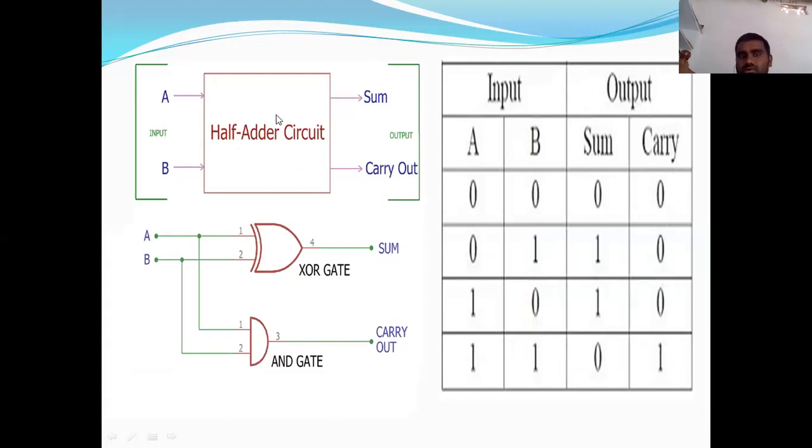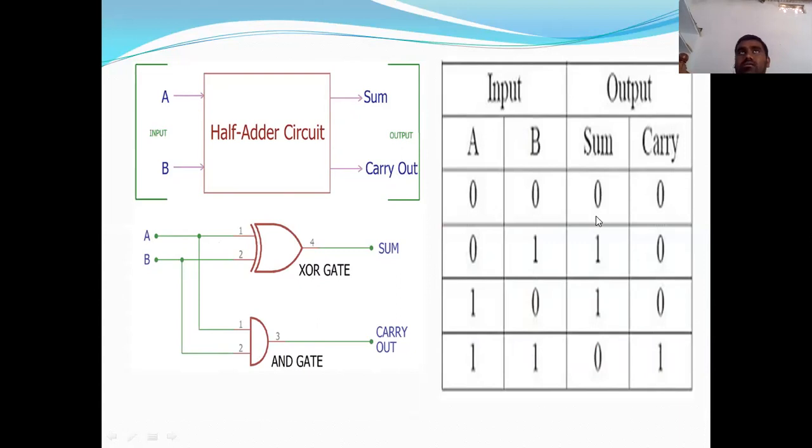This is the half adder circuit. In this half adder circuit we have two gates, that is AND gate and XOR gate. Here we are getting the sum output and carry output. So these are two outputs and these are the two inputs.